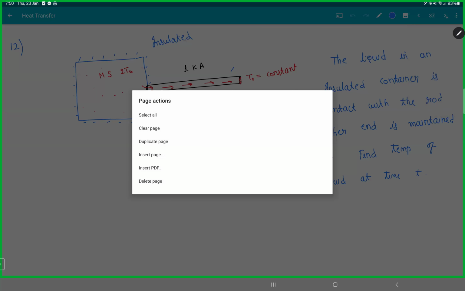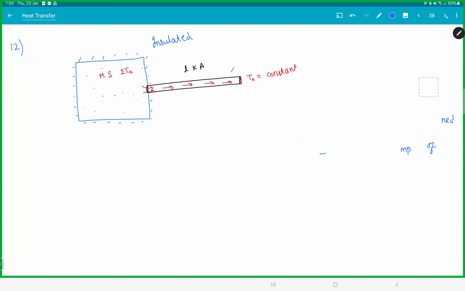So let me give you an idea there. After time t, let the temperature of the liquid be T. In a small time dt, let dq heat flow out.